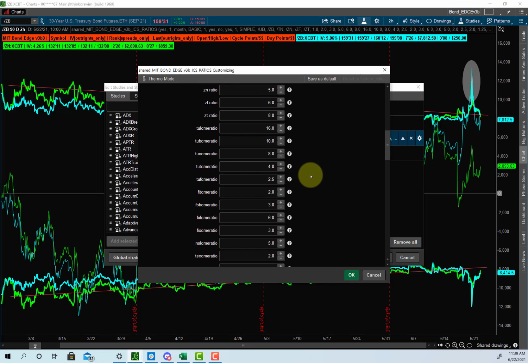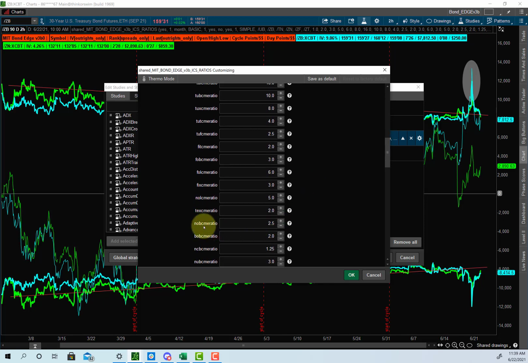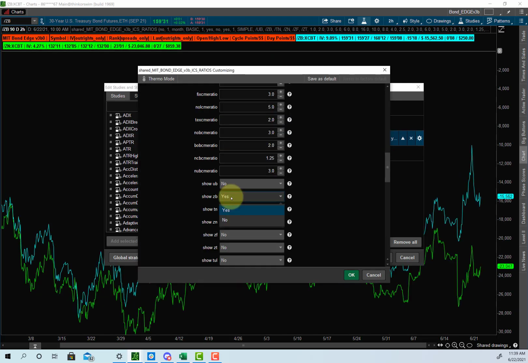If I scroll down here, what I want to do is take you to the knob. Notes over bonds, right? We want to buy the knob. So when we buy the knob, it's usually 5-2, but I'm going to make it 3.0. And the reason why I'm doing that, I'm going to remove the ZB.